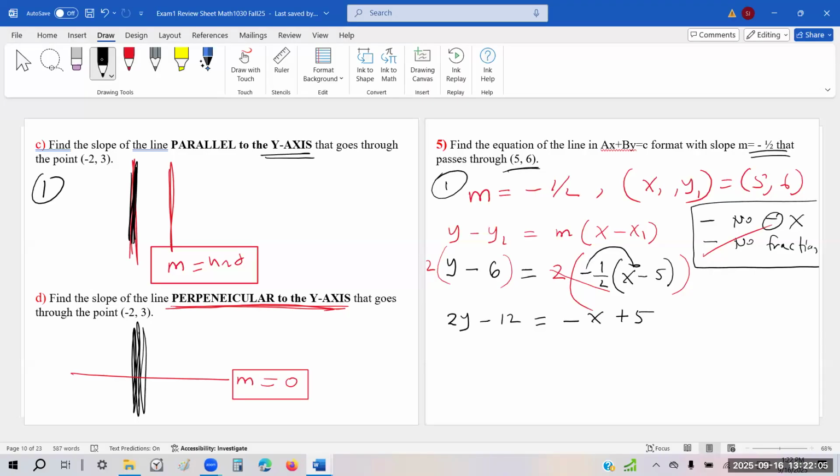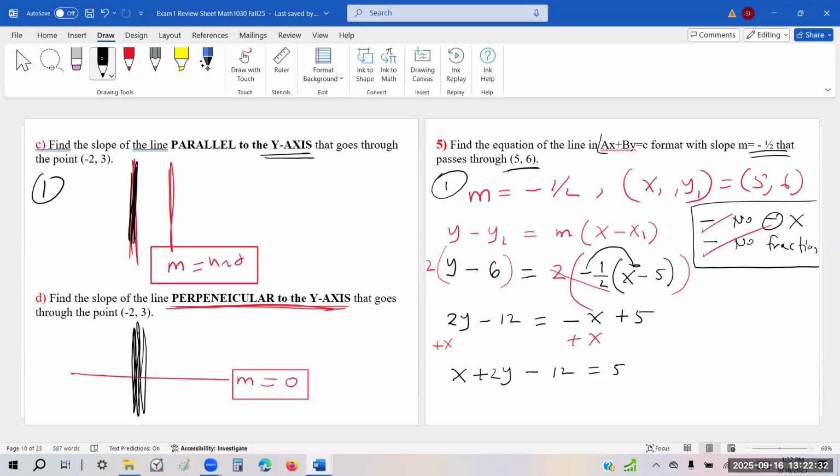But it says no negative x. So our first requirement says add x to both sides because there is no negative x. So first requirement fulfilled. You have x plus 2y or minus 2y? Plus 2y. When you don't have any sign, you have a plus sign here. Minus 12 equals 5.